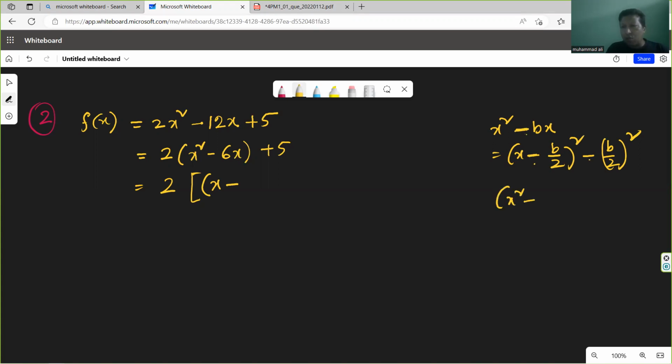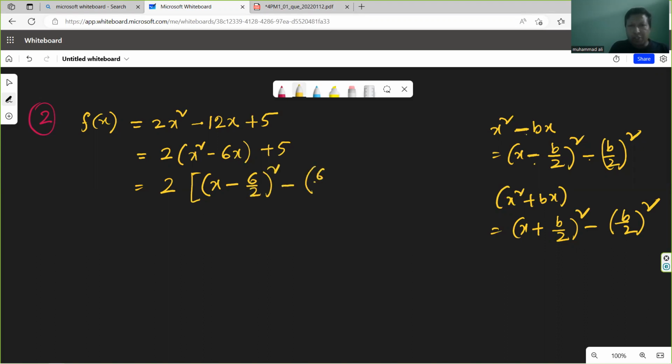If I write x squared plus bx, it will be x plus b by 2 whole squared minus b by 2 whole squared. This is the completing square formula. So here our b is 6, so x minus 6 by 2 whole squared minus 6 by 2 whole squared, third bracket, plus 5.